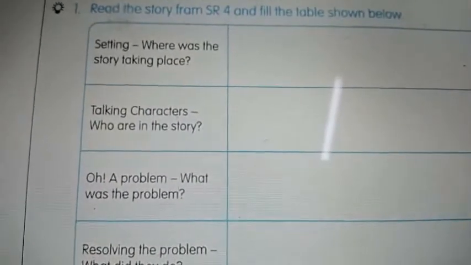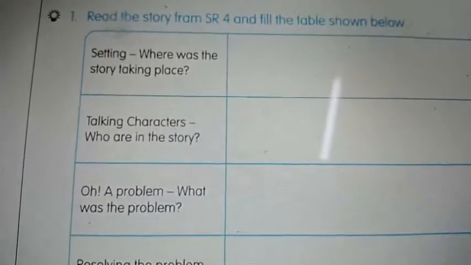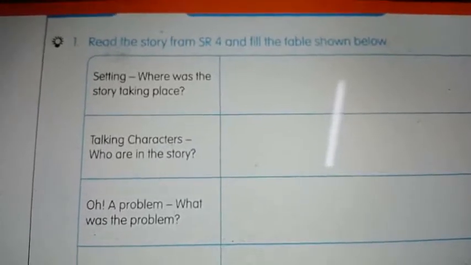For the first question, settings: where was the story taking place? Yes, the story was taking place in China, right? Talking characters: who are in the story? The old man and his 2 sons and their wives, right?